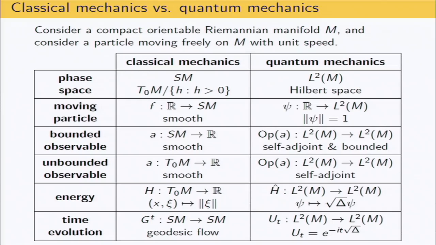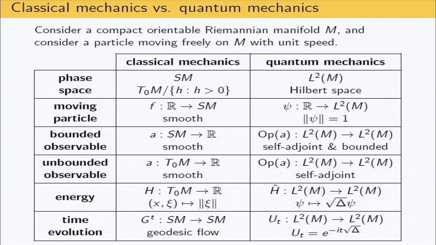A very important special case is when A doesn't depend on the tangent vector, when A is really a function on M independent of the tangent vector, then op-A is always multiplication by A. So the way op-A acts when A is independent of the tangent vector, you multiply psi by that function A.